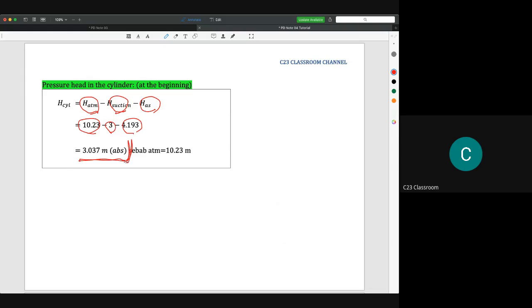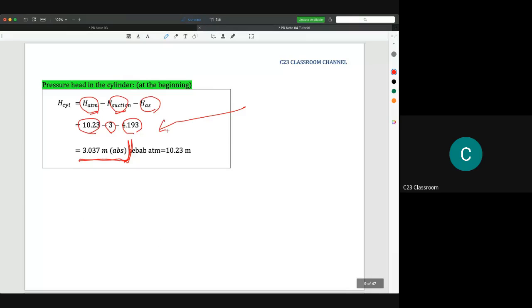It is not easy to work with the negative, because when you forget to write your negative sign, the value is totally different. So engineers will use absolute pressure to reduce the possibility of problems with the negative sign.